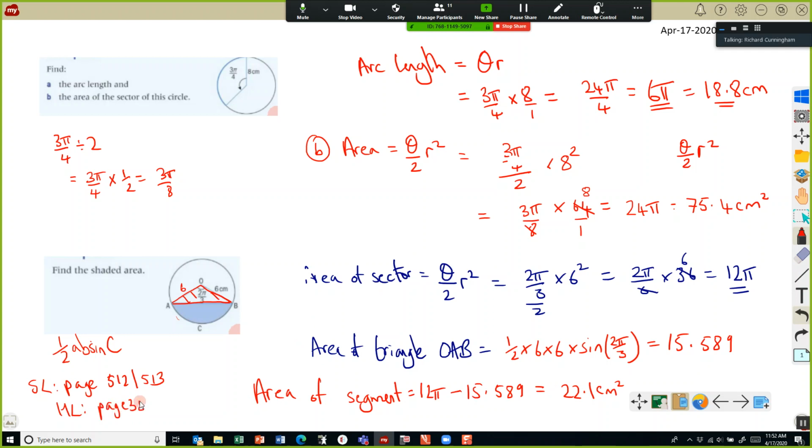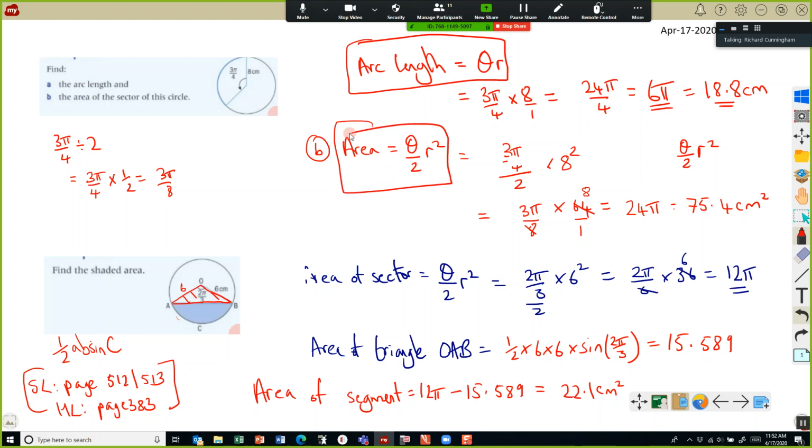I will put that in Teams, and I'll put this video in Teams as well and on YouTube, so you can have a go at some of these questions, okay? But essentially, these are the formulas that you need to use for radians, arc length, and area.